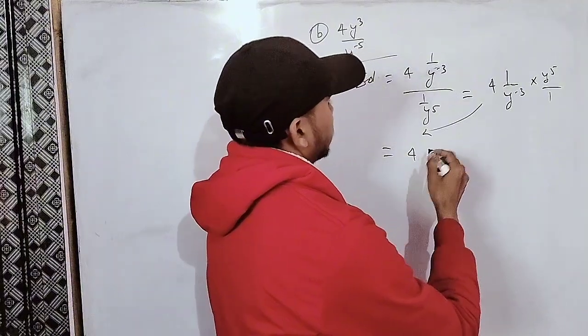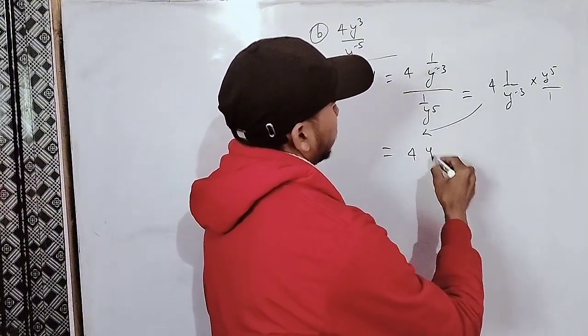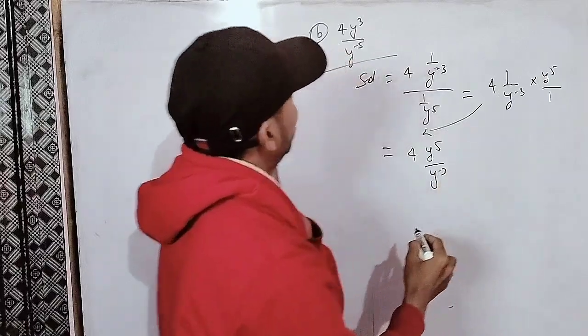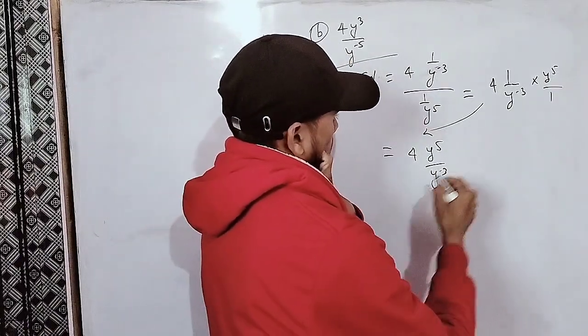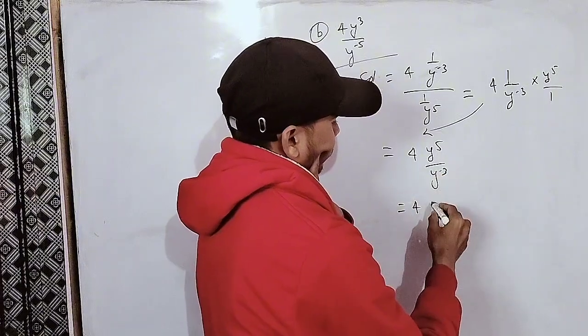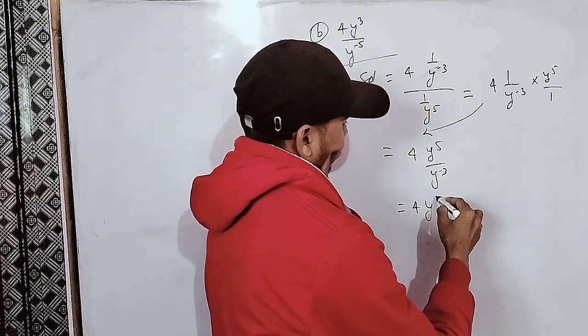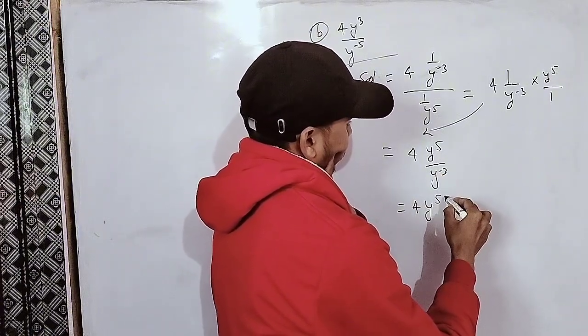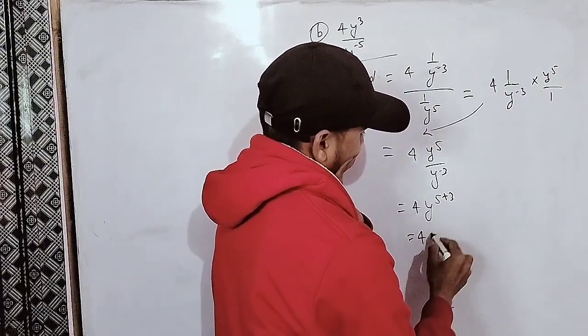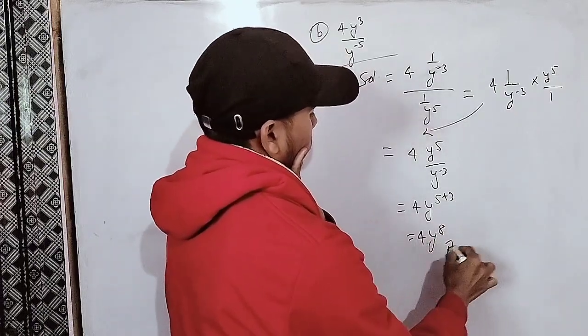How? Here, y5, y3. Then our answer would be what? y5 and then plus 3. Okay, this is the first.